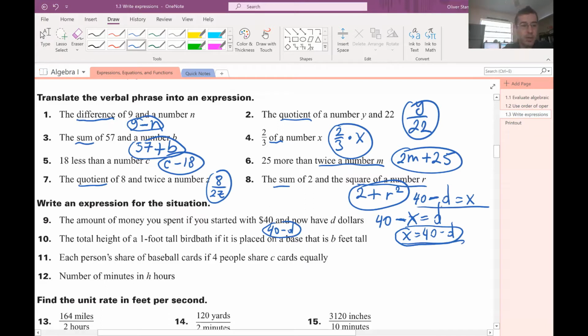Okay. Number 10, the total height of a 1 foot tall bird bath. So it's a 1 foot tall bird bath right there.